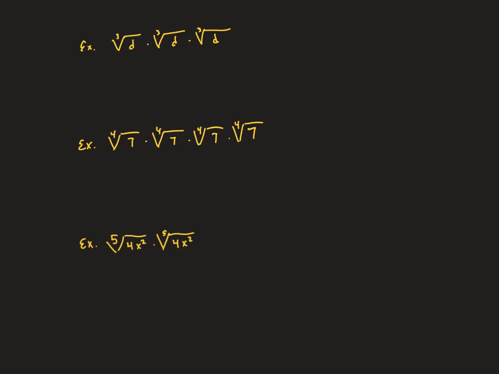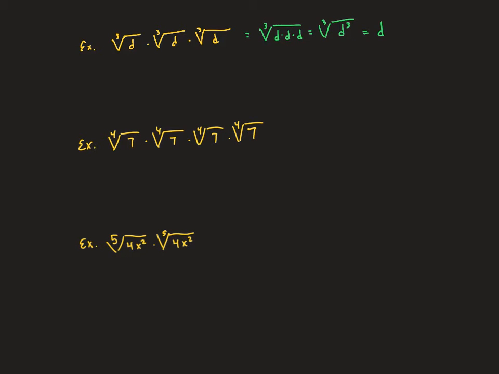Looking at how to multiply some radicals, we have the example where I have the cube root of d times the cube root of d times the cube root of d. That would be the cube root of d times d times d. It is also the same thing as the cube root of d cubed, and therefore that is going to be d.